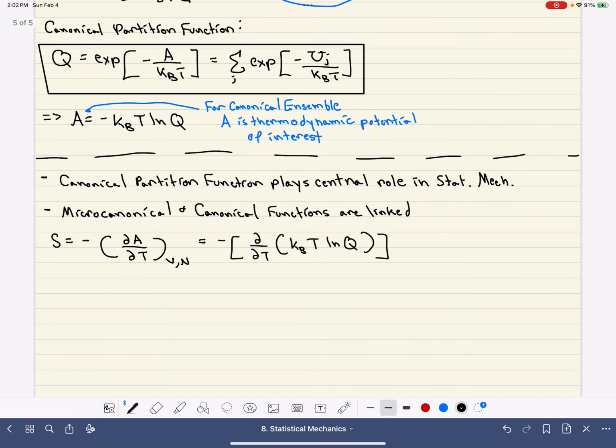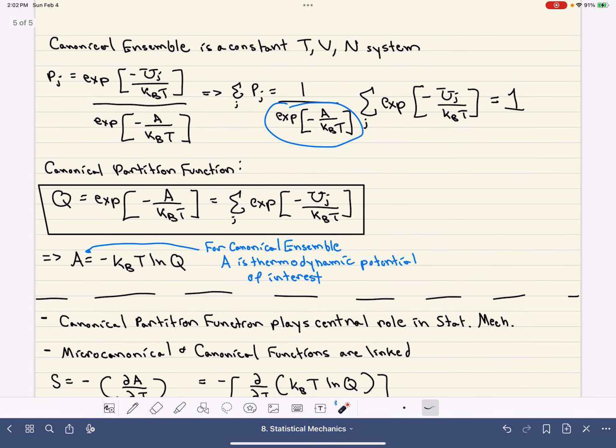And so if we go through this derivative, we write it like this: KB ln of Q plus KB T over Q. And we know that Q is this. Or we could write it in terms of that.